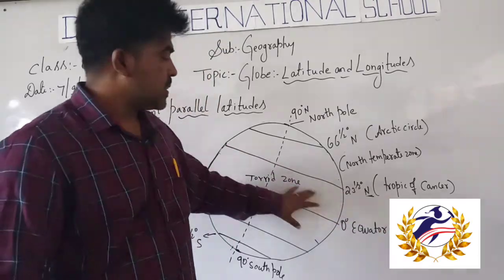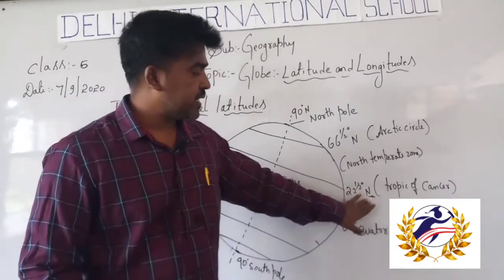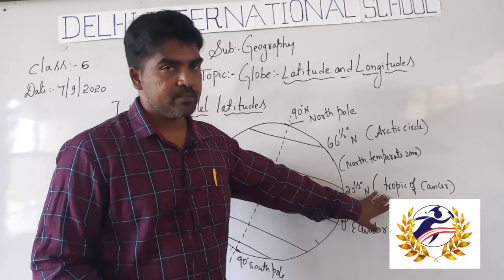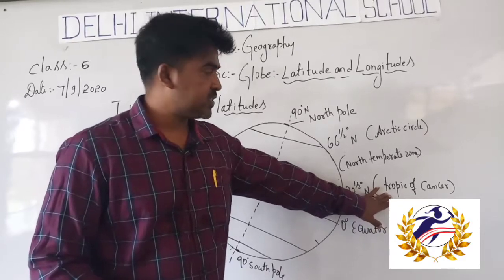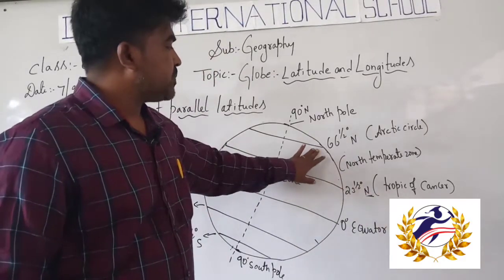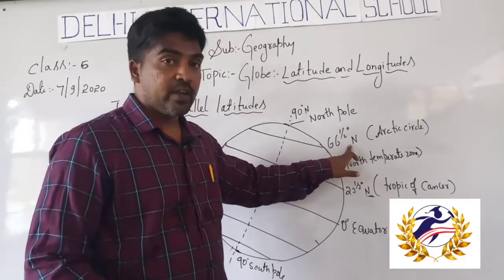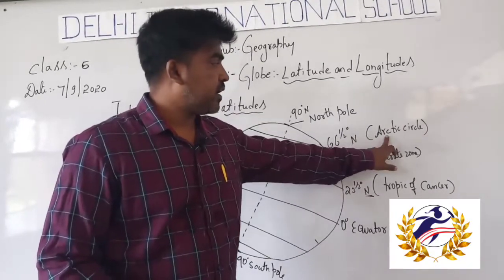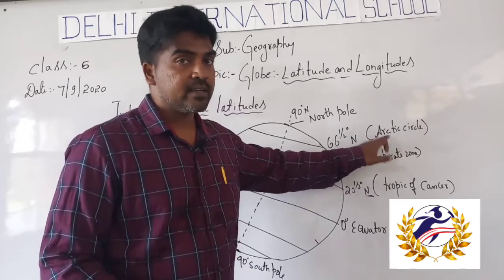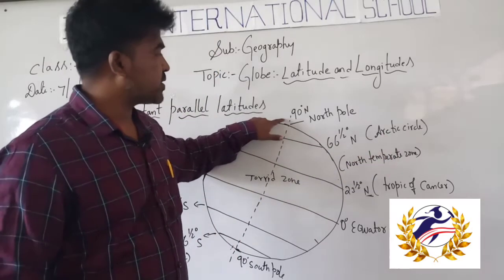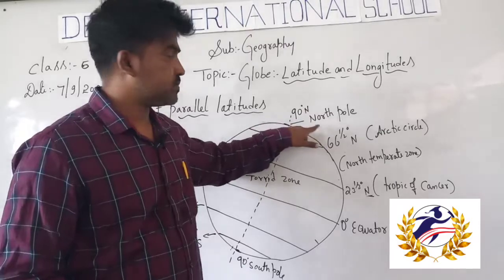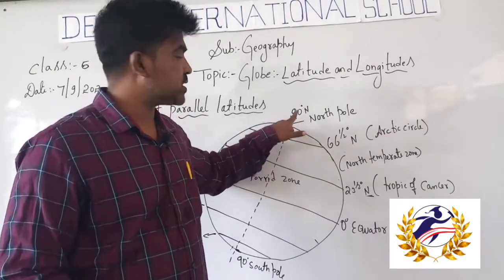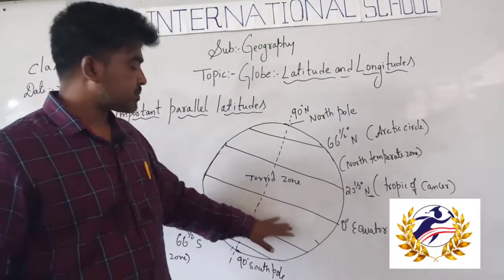Don't forget, the name of the 23.5 degree north latitude is Tropic of Cancer. And 66.5 degree north is the Arctic Circle. And at the north we have 90 degree north, which is considered the North Pole.